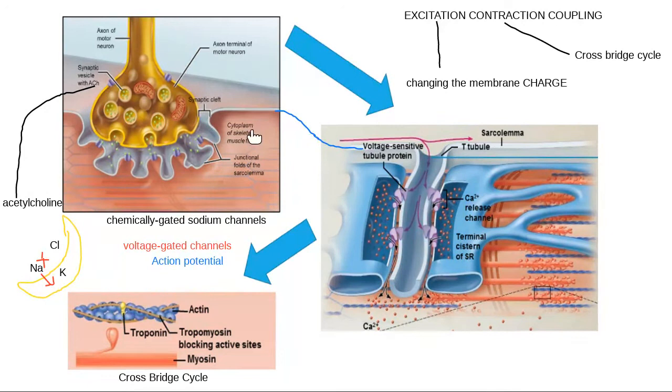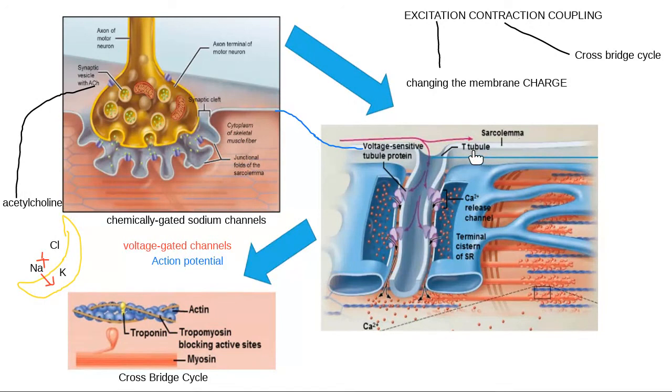So when I change my charge at the neuromuscular junction, I use a voltage-gated channel to change this part of the membrane, which will help me change this part, and we go all the way down the membrane. All across the sarcolemma, we've got voltage-gated sodium channels that start to change the membrane charge and move that charge various places.